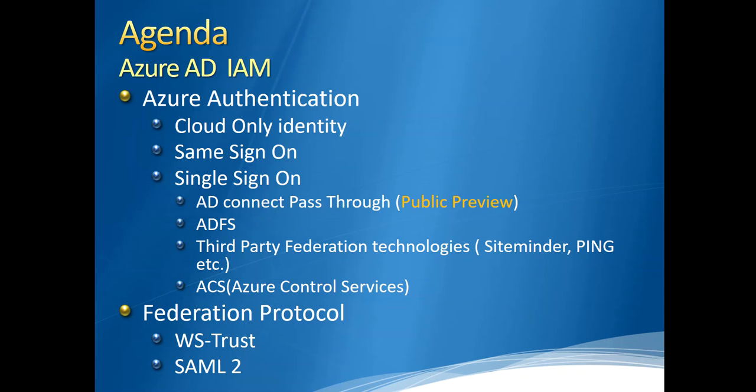So any authentication which is going to happen will come back to on-prem for authentication. Whereas in the case of same sign-on, the authentication will be handled in the cloud by Azure AD itself. It will not come to on-prem. Okay, so Azure AD will contain the password if you sync it in the same sign-on? Yes. Okay, correct. Thank you.